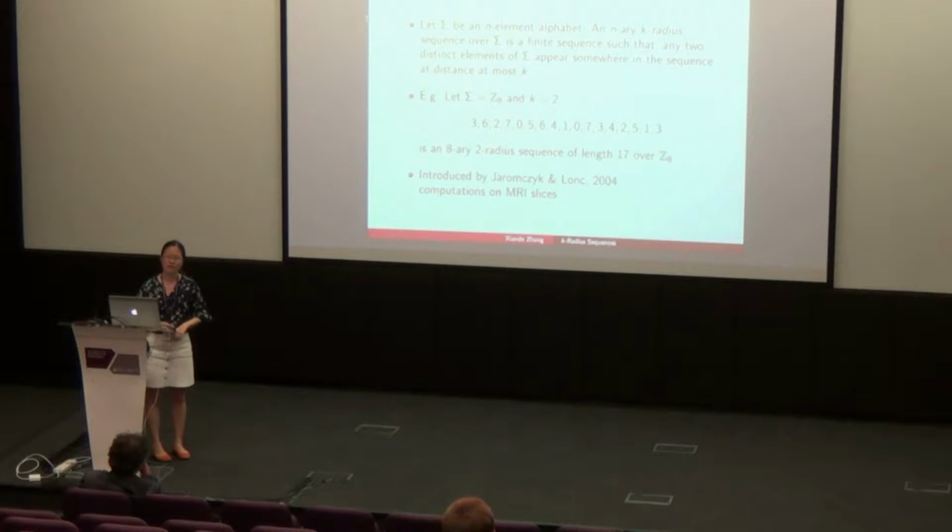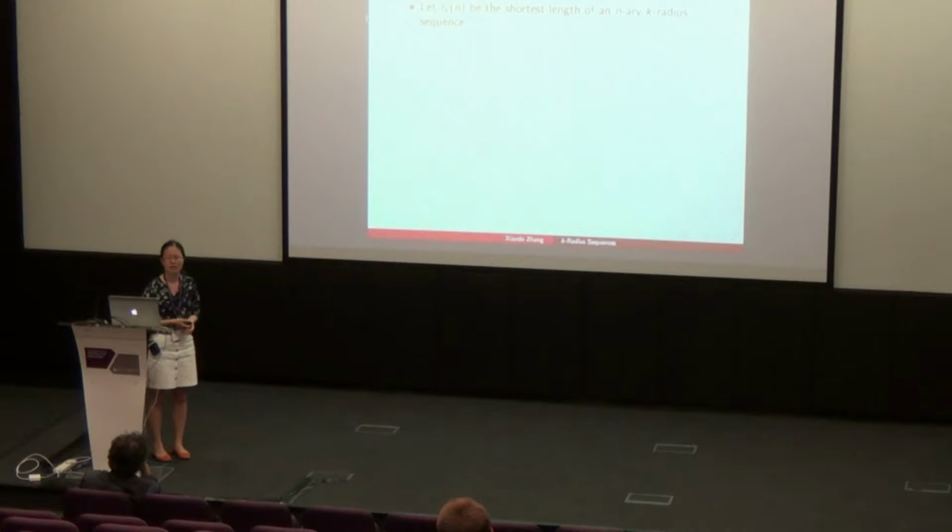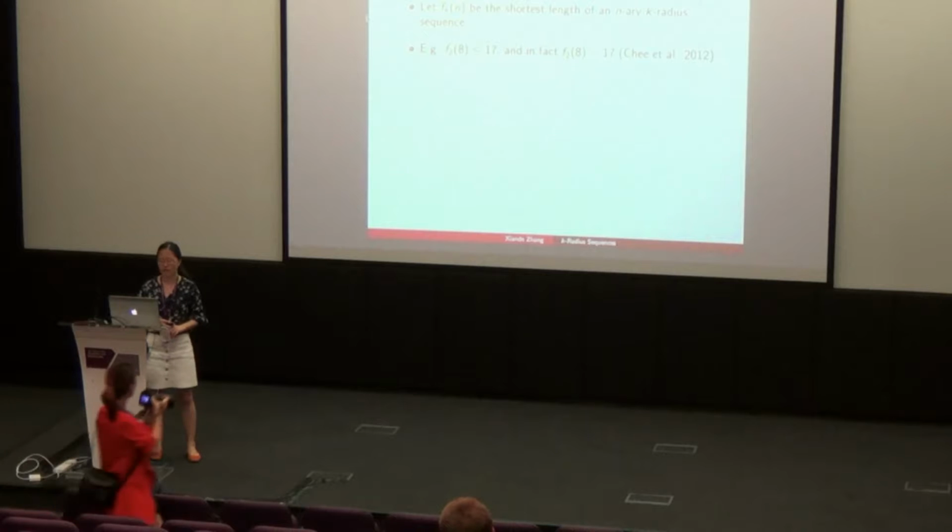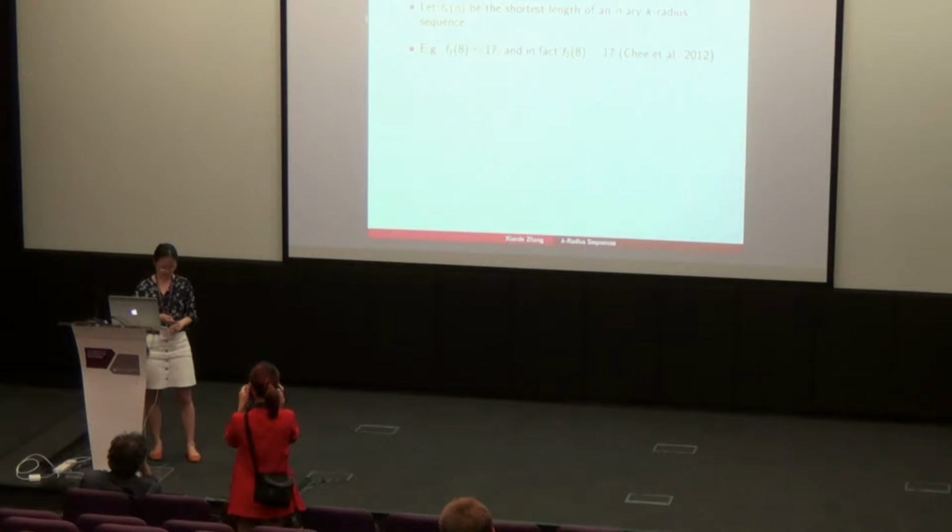As I just mentioned, if you don't care about the length, they always exist. So we are interested in the shortest length, which we denote by f_k(n). The example gave f_2(8) is less than or equal to 17, and in fact, by computer search, we can verify it is equal to 17.